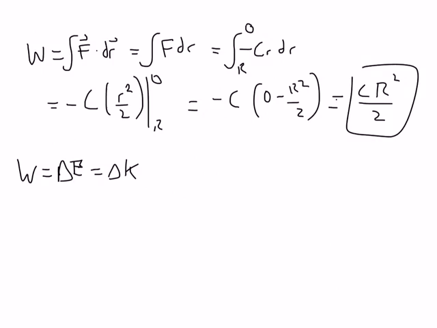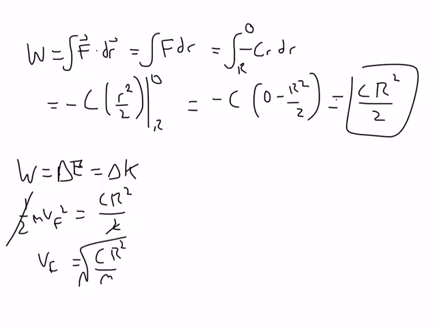We start at rest, so this is 1/2 m v final squared equals c r squared over 2, right? That'll cancel the factors of 2. And so we can get the final velocity from the work energy theorem.